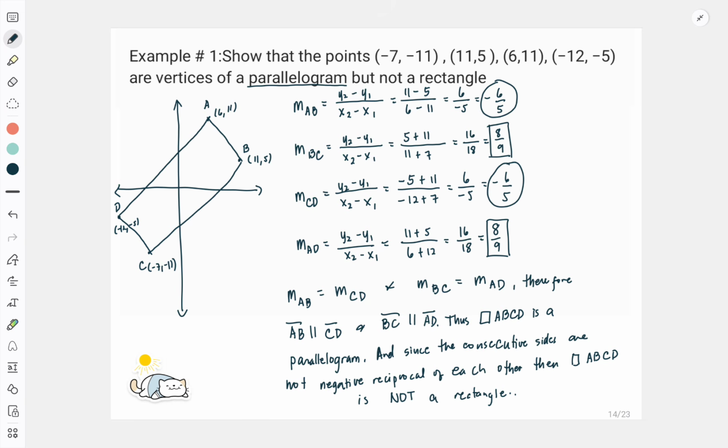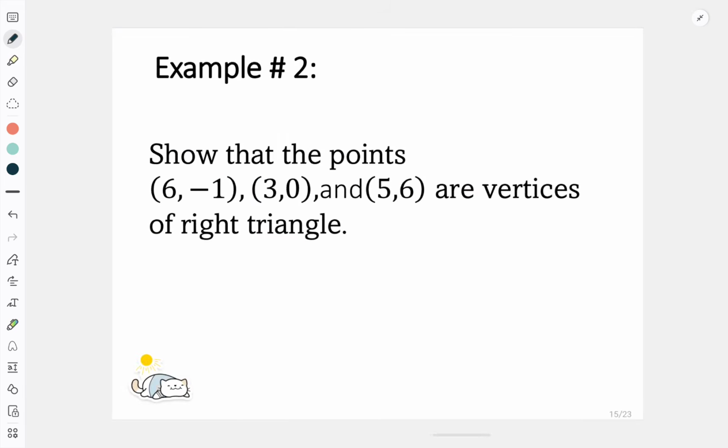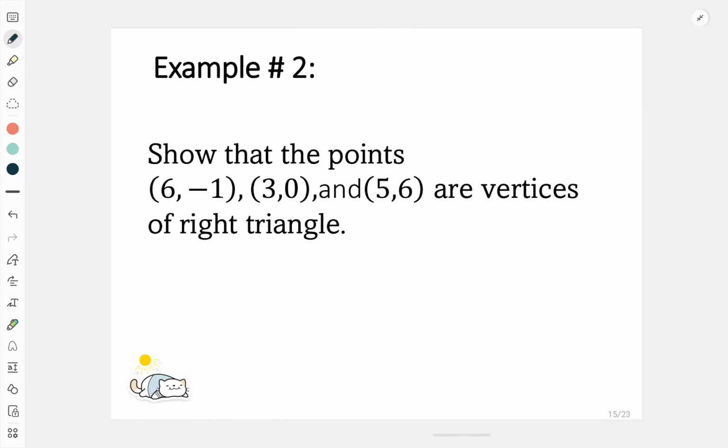Okay? Now, let's have some more examples. Let's have this example. Show that the points 6, negative 1, 3, 0, and 5, 6 are vertices of a right triangle. So meaning, if you say right triangle, there is something that is perpendicular.